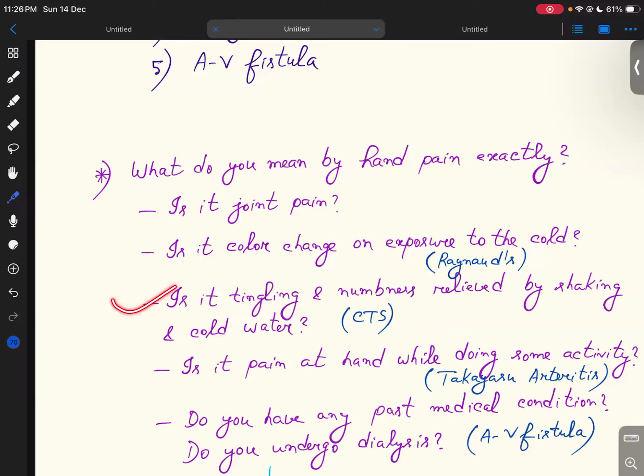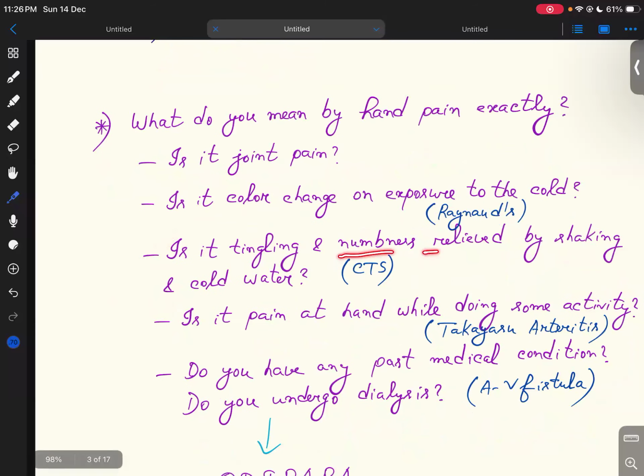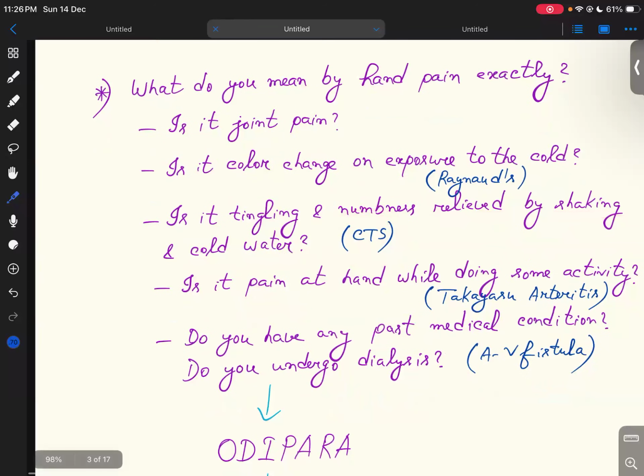Or is it tingling and numbness relieved by shaking and cold water, that is carpal tunnel syndrome? Or is it pain in the hand while doing some activity, that is Takayasu arteritis? So this will be the first question.